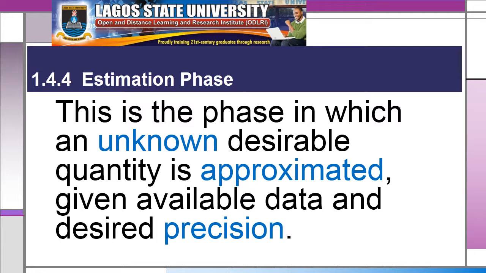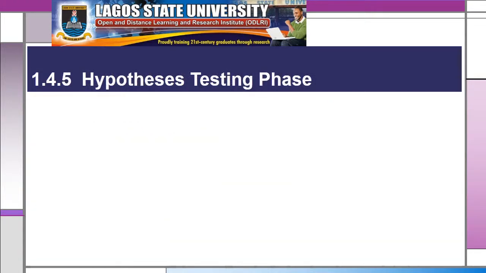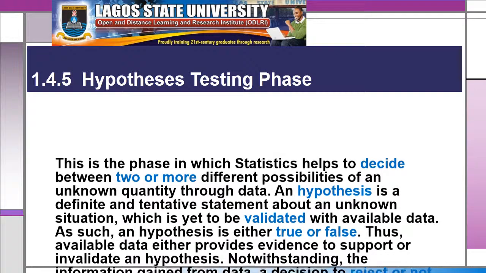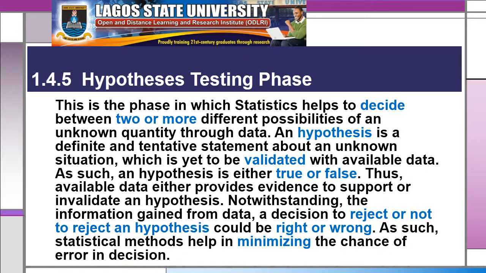So the estimation or the approximation to these unknown values is what we call the estimation phase. And then the testing phase is the phase where a decision is to be made on two or more different possibilities.